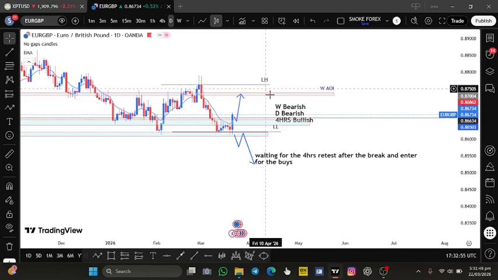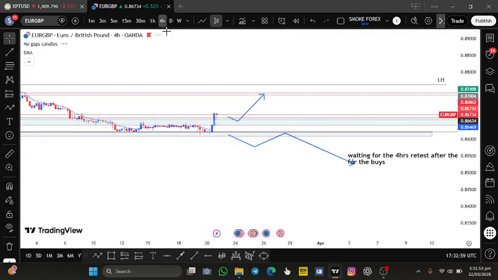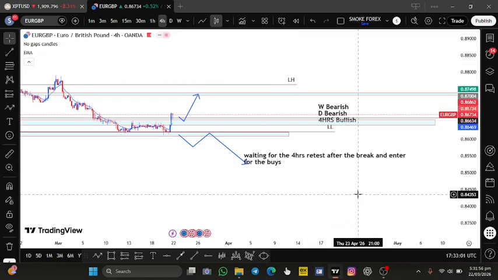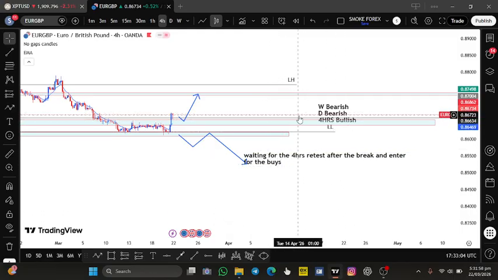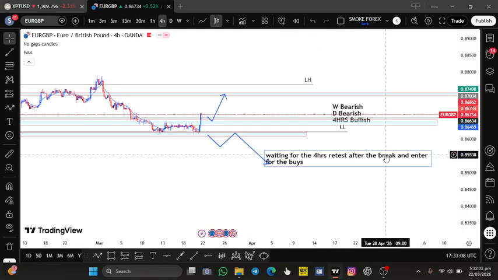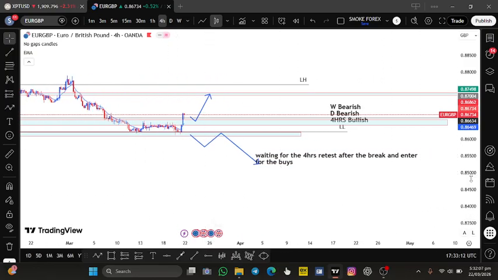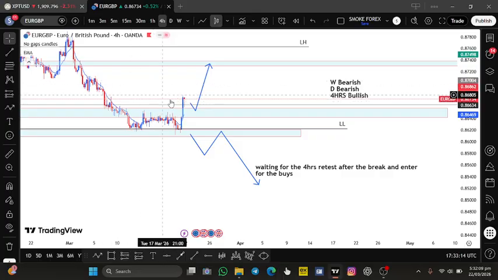It hasn't broken this level. So what do I want to see? The 4 hour did the break. The 4 hour broke this, my area of interest, my AOI. So all that I want to see is the 4 hour to retest this area.